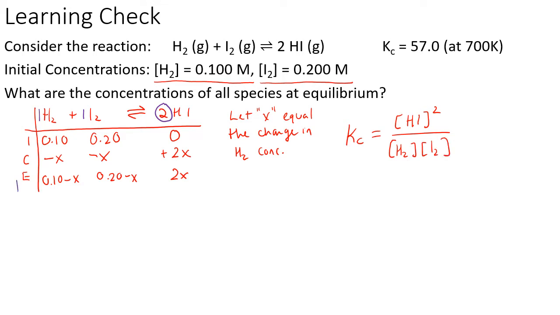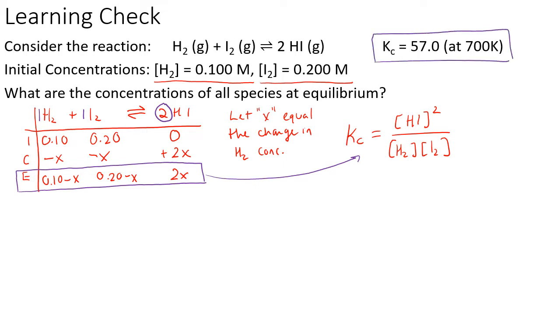We can take our equilibrium line that we determined and plug those equilibrium concentrations into our expression. We also know our equilibrium constant, K sub C, is 57. So plugging in 57 for K sub C, that's equal to 2X squared over 0.10 minus X times 0.20 minus X.